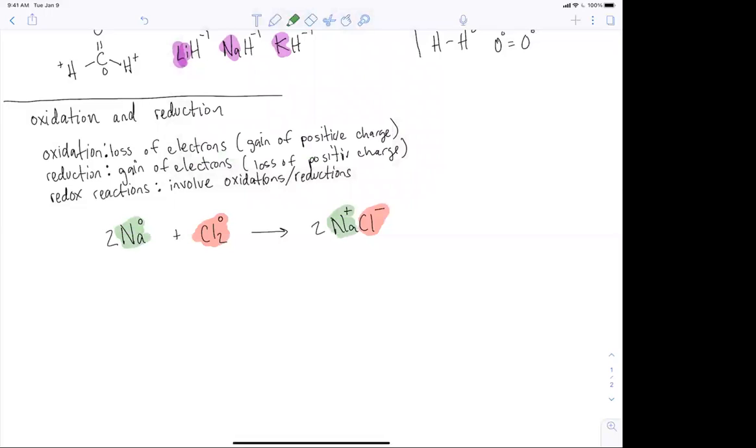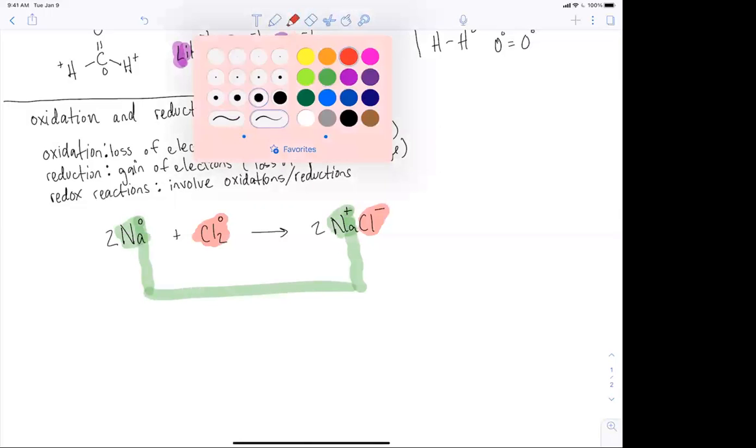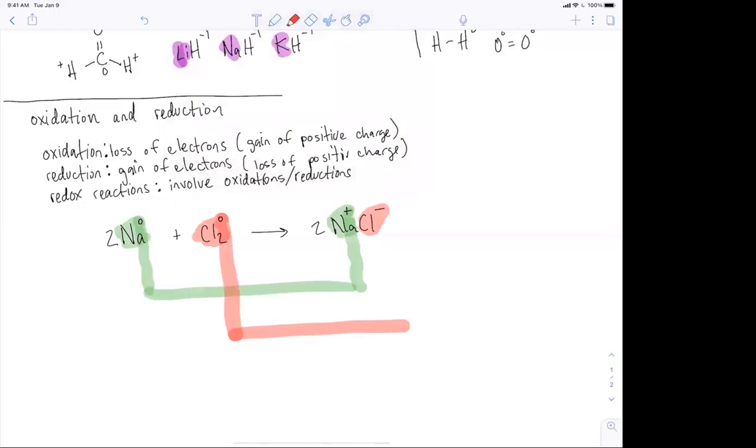And so what happened is we went from here, here, versus here, here. For the sodium, we have a positive charge.